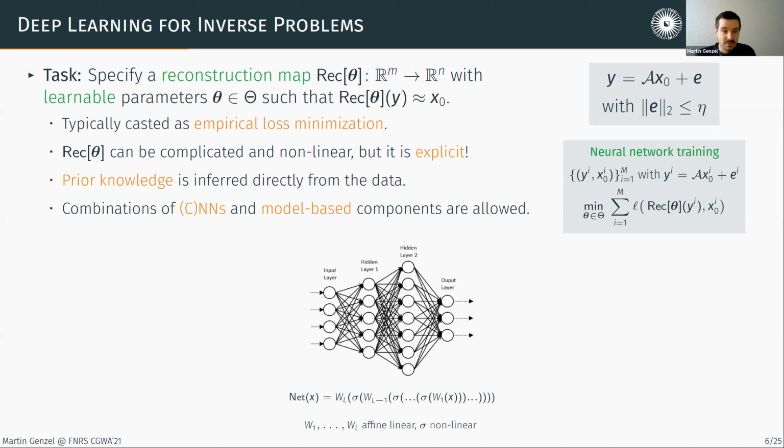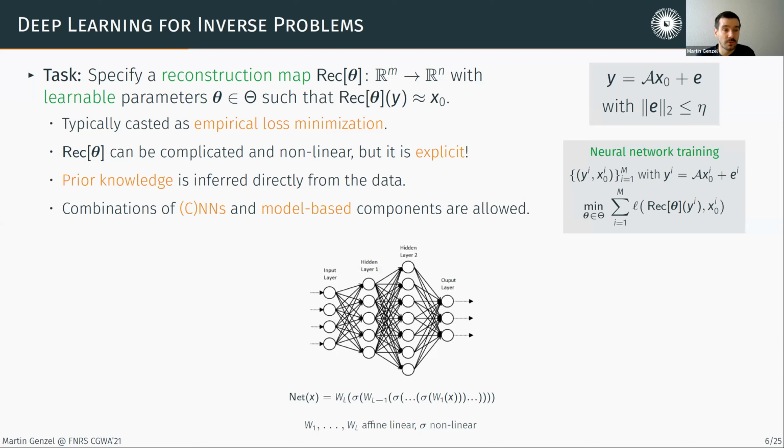I mean, deep learning is about deep neural networks. So basically, you can think of this reconstruction map as a neural network, and these are the parameters of the neural network, this parameter vector or set of parameters theta. The point is that this might be a very complicated map. So these neural networks might be very expressive. It is nonlinear. But an important point here is that this is explicit, right? So it's an explicit map, and you can typically evaluate this very quickly on your computer.